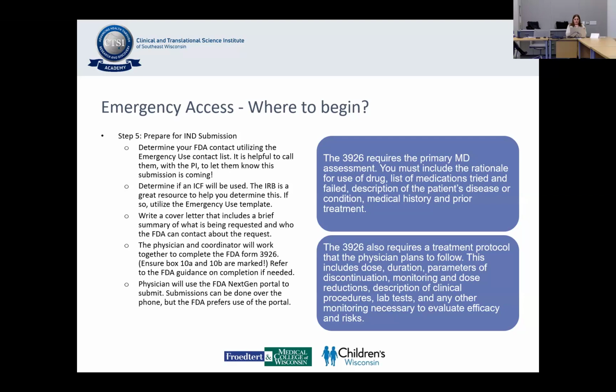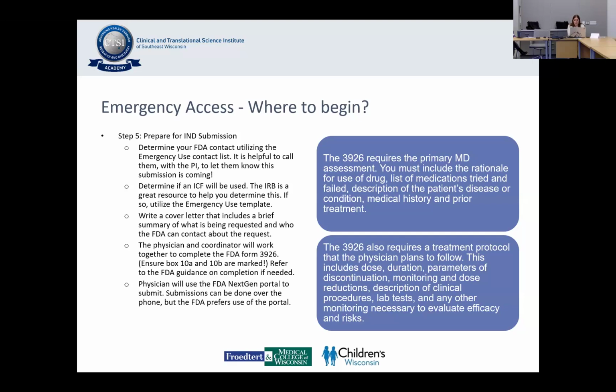So the 3926, it does require the treating physician's assessment. You have to include your rationale for your use of the drug, list of medications tried and failed, the patient's disease and condition descriptions, medical history, prior treatment. All of the information that they could possibly need goes into this form.